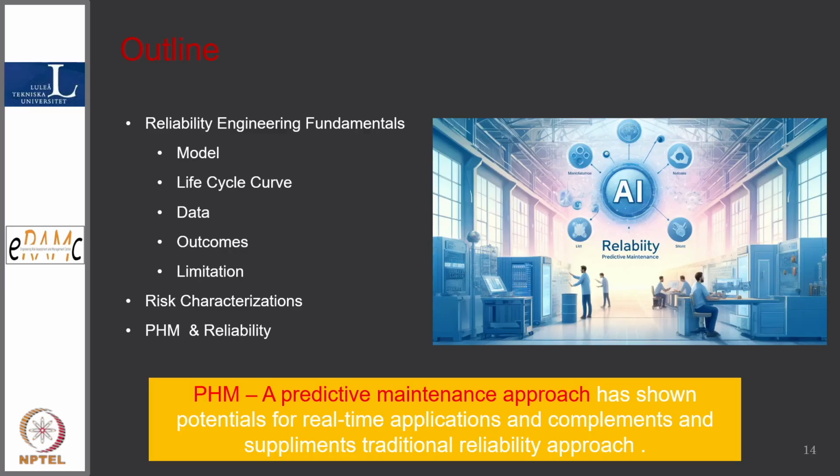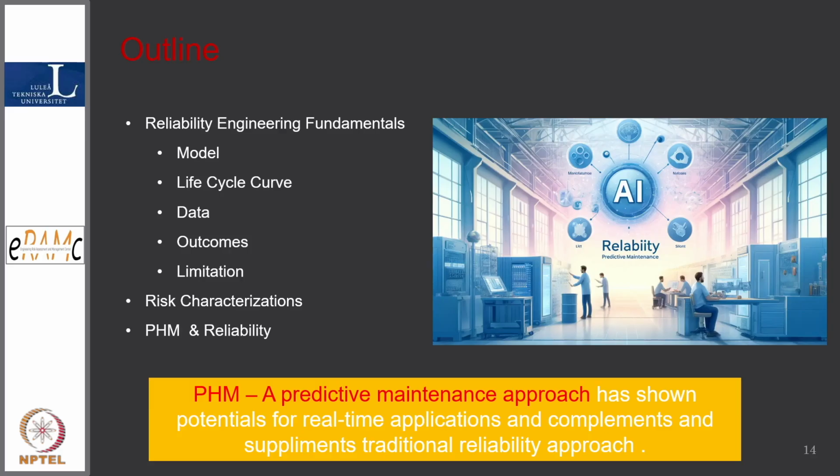And next is data: how the data are received, what the sensor does, how the probabilities are built for uncertainty, how trends are worked out, the outcome, and what the limitations are. Probably we have talked about limitations, but as the lectures proceed, we will come to more limitations and more advantages, both.